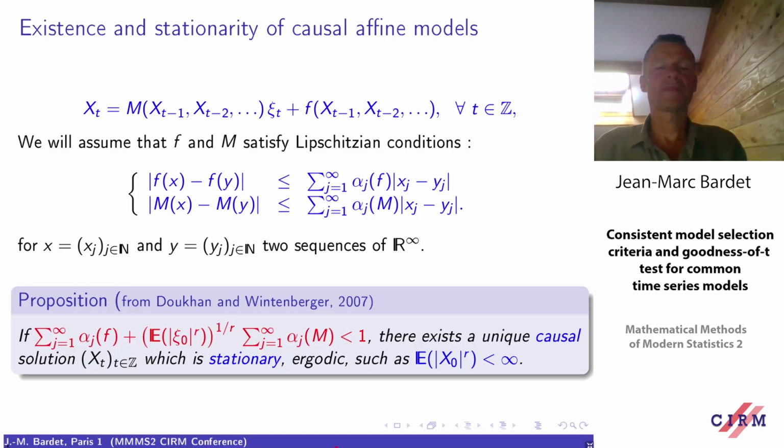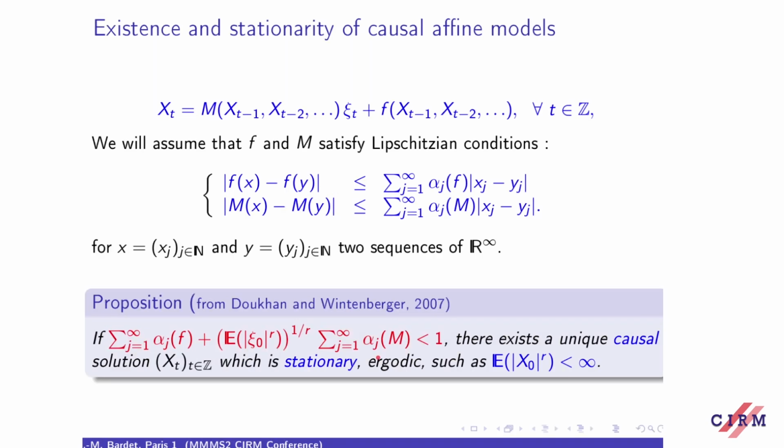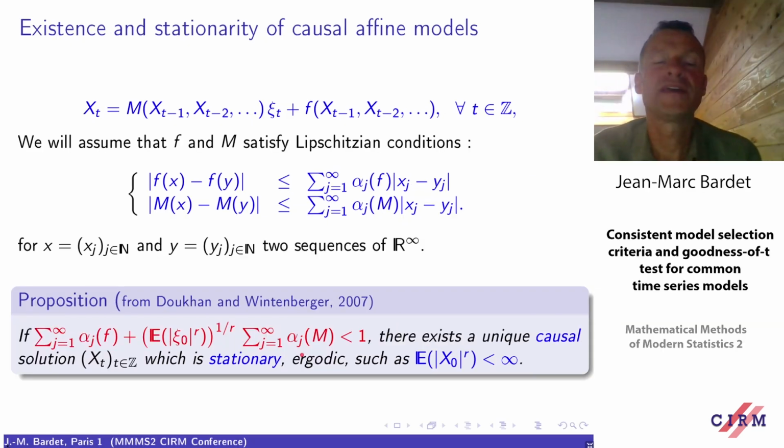Okay, so now we can give a very convenient condition for obtaining stationarity and causality for causal affine models. This condition will follow some Lipschitzian conditions of both the functionals f and m.